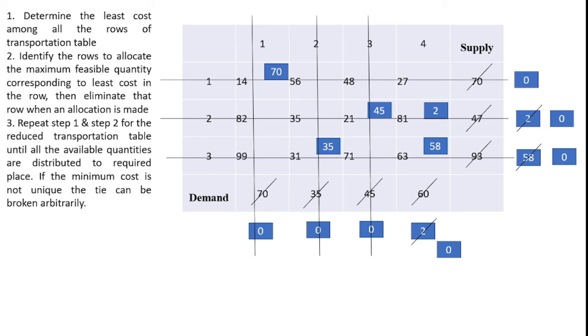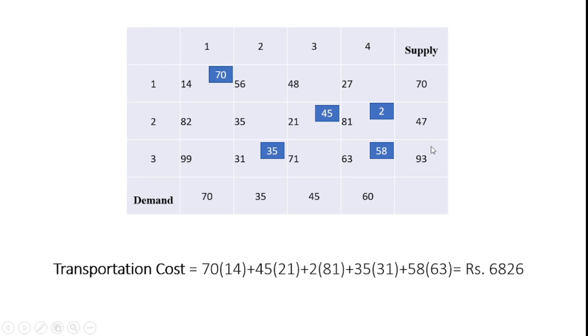Then how do I identify the total cost from the available table? I consider only the allocated table, where 14 has 70, 21 has 45, 81 has 2, and 31 has 35, 63 has 58. So I consider only the allocated cells for identifying the transportation cost.